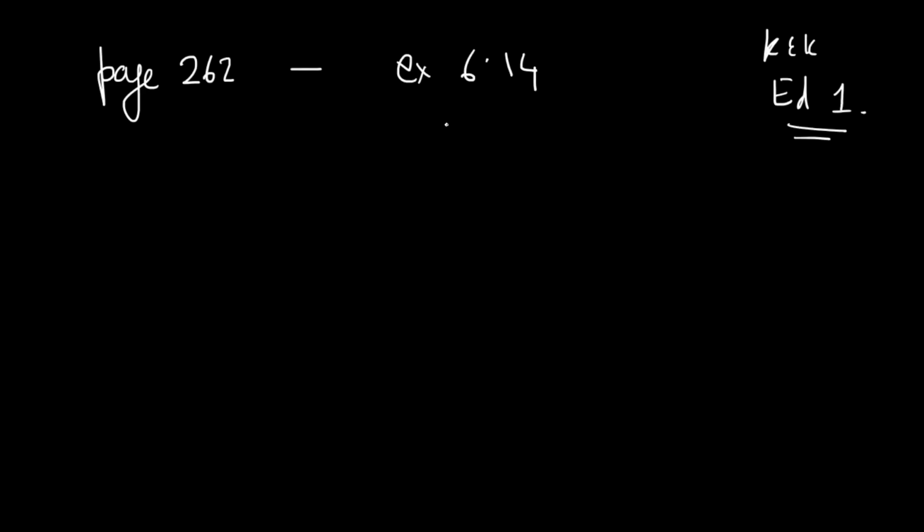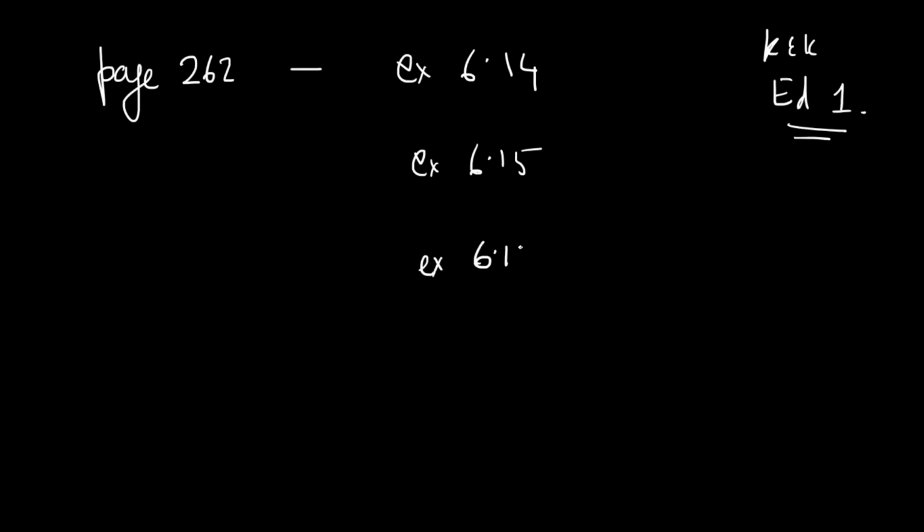Now, page KNK edition 1 and page number 262, example number 6.14. Now what I notice is, especially in example number 6.15, the author does it by multiple methods. I think this will help you to understand the concepts very nicely. Each example is crucial.